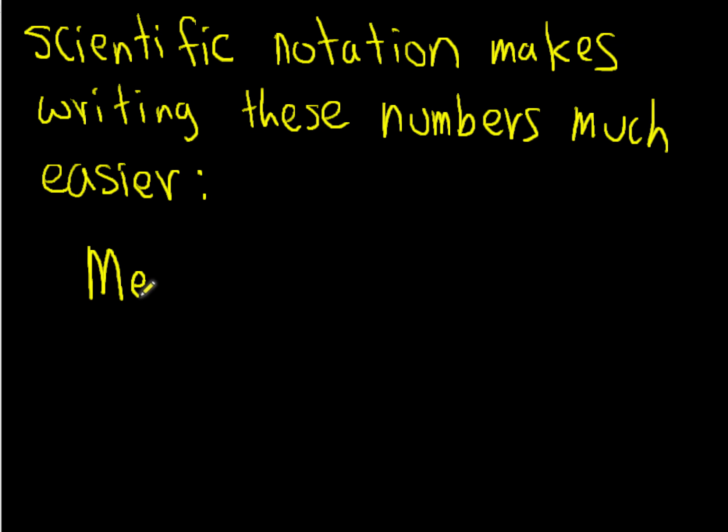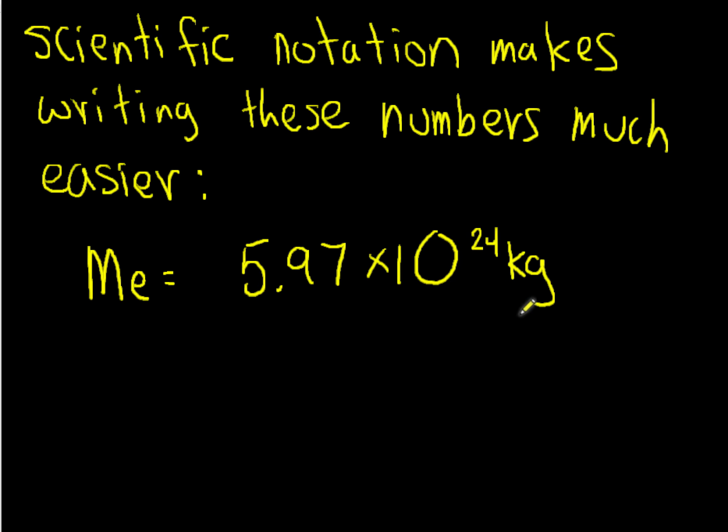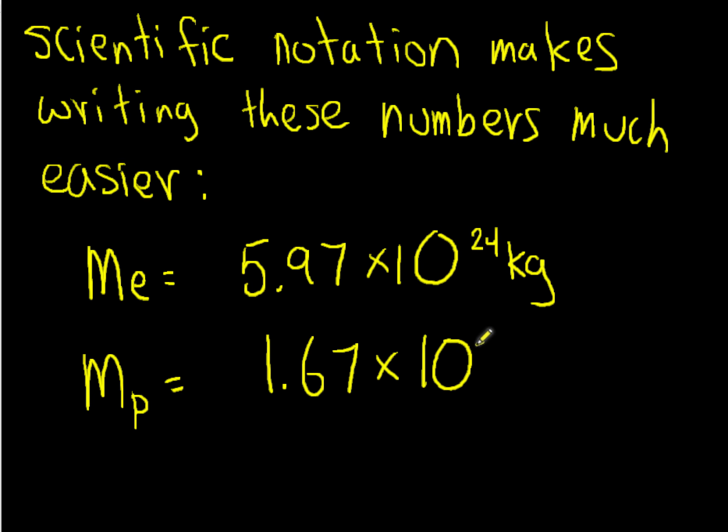In scientific notation, the mass of the Earth becomes 5.97 times 10 to the 24 kilograms. The mass of the proton becomes 1.67 times 10 to the negative 27 kilograms.